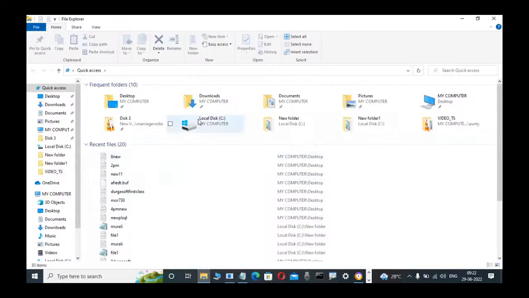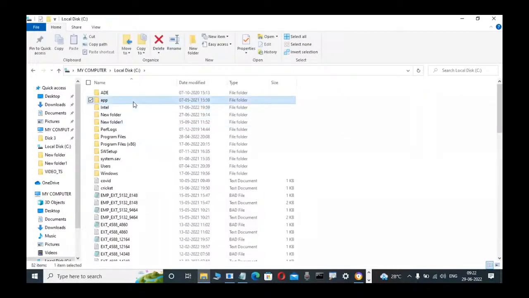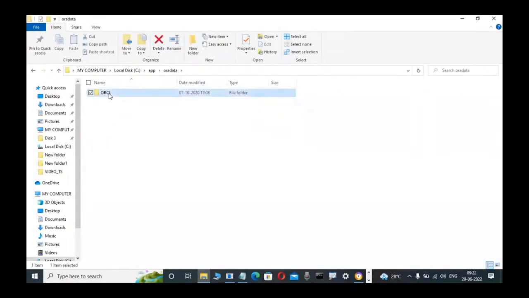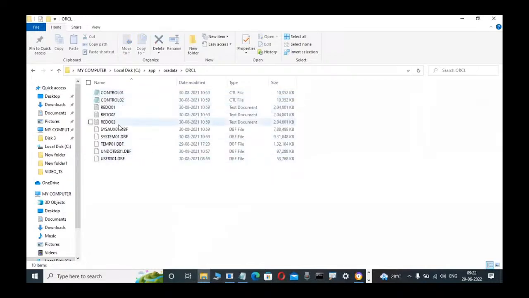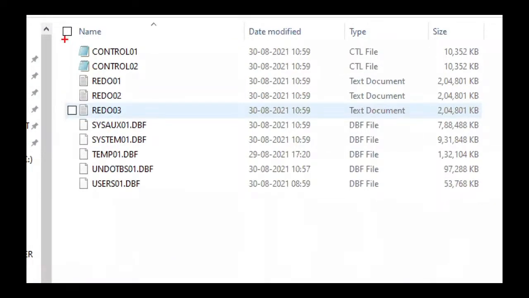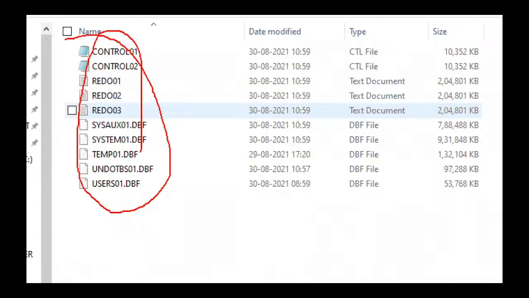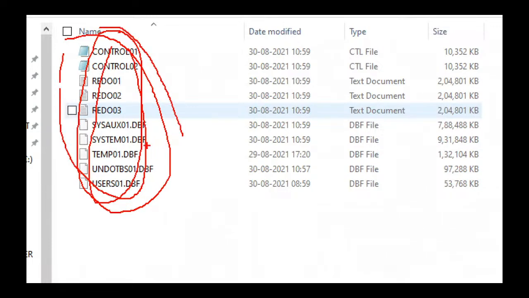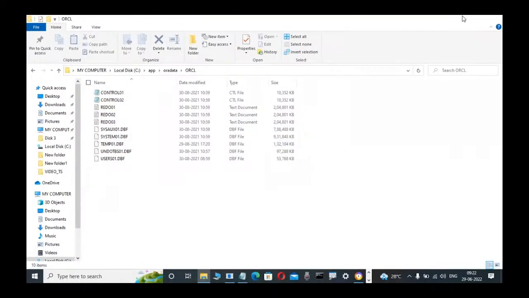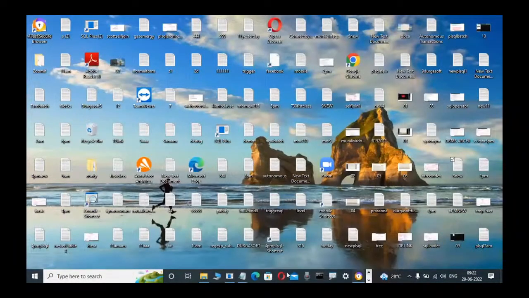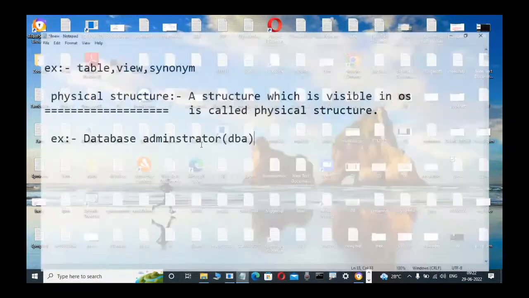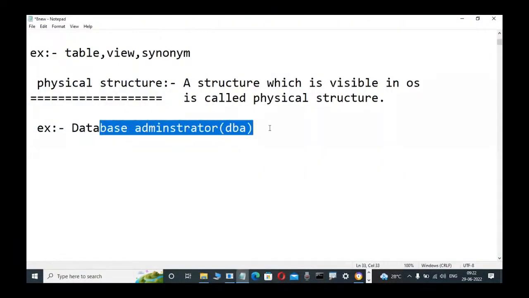Observe here, in the C drive where Oracle is, some files are created: data files, control files, redo log files. These files are very, very important. This collection of data files, redo log files and control files is also called the physical structure of the database. Every database has a physical structure, but it is not handled by the developer, only by the database administrator.